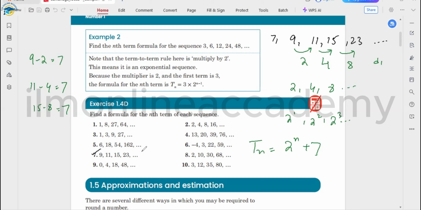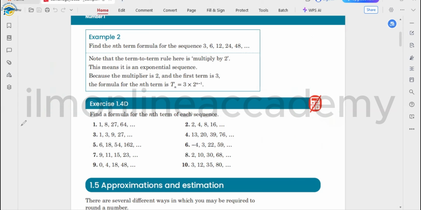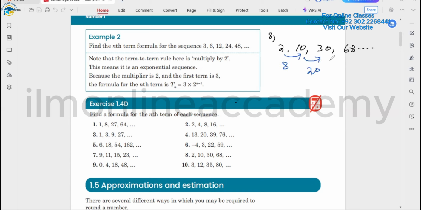Okay, so let's move towards part number 8. The sequence that they give is 2, 10, 30, and 68, and so on. So first, let's find out the first difference. That will be 10 -2, 8, 30 -10, 20.